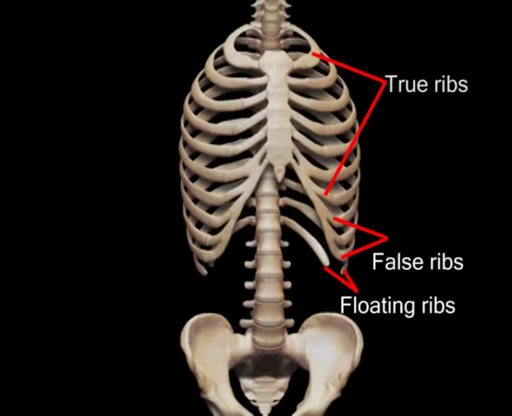It's completely floating. So these 2 pairs, that means 4 bones, constitute floating ribs. So altogether there are 24 ribs, and these 24 ribs form our rib cage, which protects the delicate organs like the heart and lungs of our body.